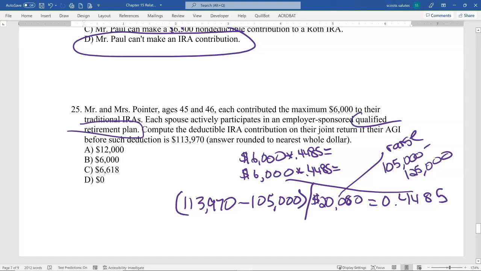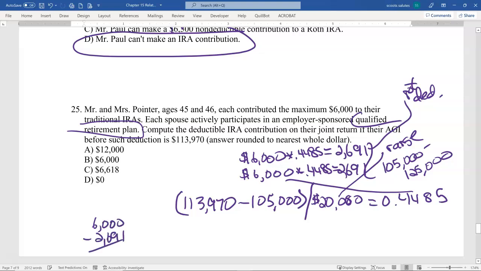So when I did that math, I came up with $2,691. That's going to be the non-deductible part. That's how much they are into the range. So if we take for each of them $6,000, subtract the $2,691, they're each going to get $3,309 deductible.